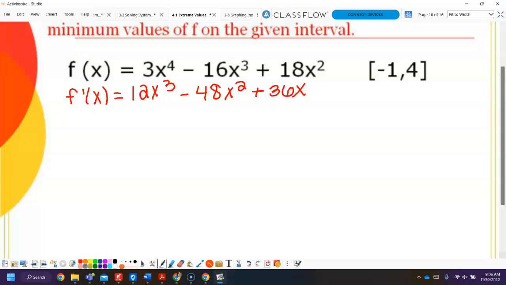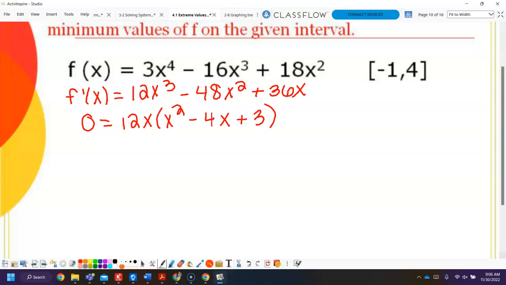So we find our derivative, we set that derivative equal to 0. For my sanity, I'm going to take out a 12x. Making my interior numbers a lot smaller, it gives me a nice quadratic.